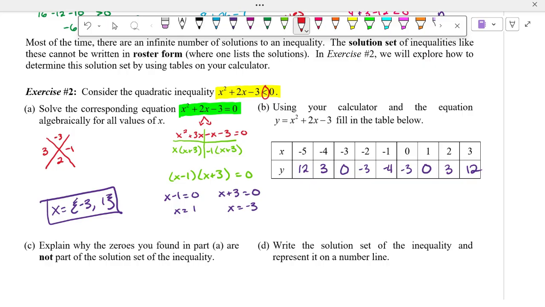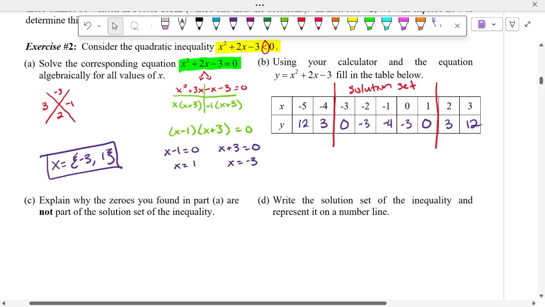So -3 and 1 are kind of like you're defining, but would it be between those two numbers or on other sides of them? It'd be between them. So this right here would be where your solution set is. Now, these other numbers, why are they not part of the solution set?